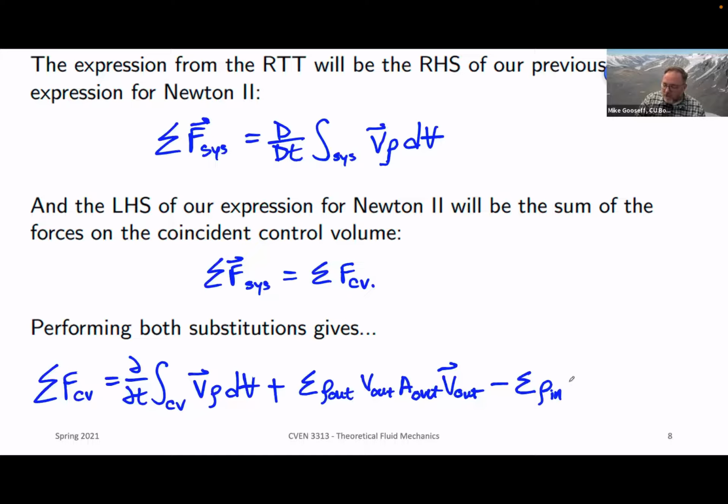So rho in, v in, A in, and then multiplied by the velocity vector at each one of those inflows as well. Okay?